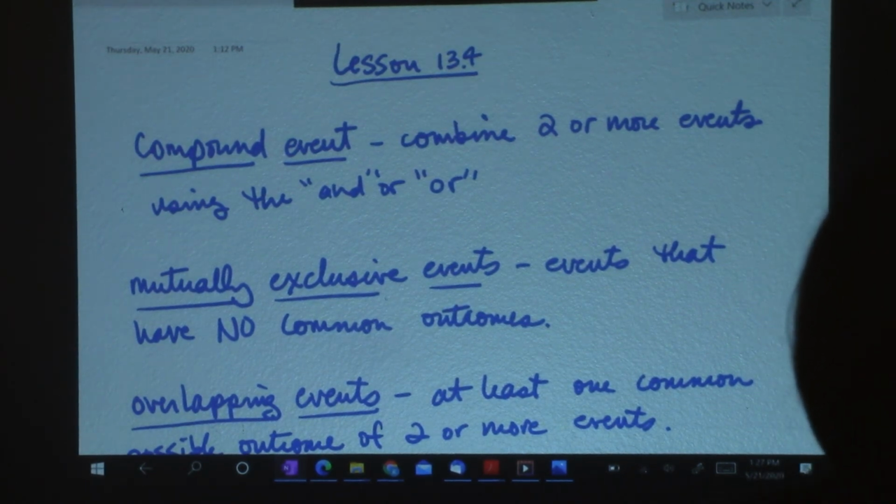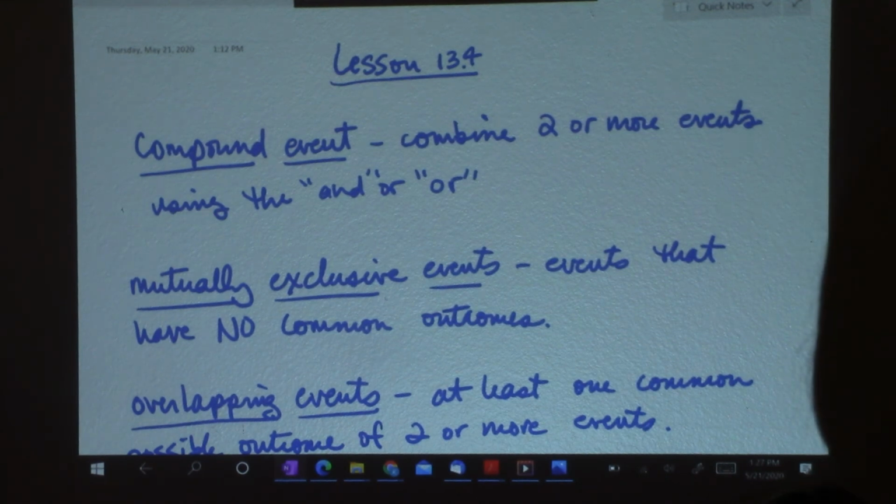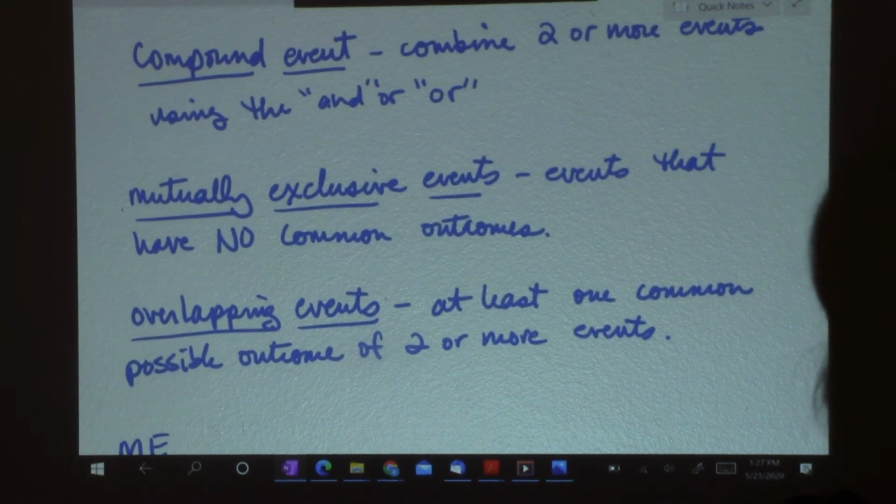So let's say, what's the probability of picking a green marble and putting it back, and then rolling a 4 on a die? Those are completely different things. Okay, now we have overlapping events.